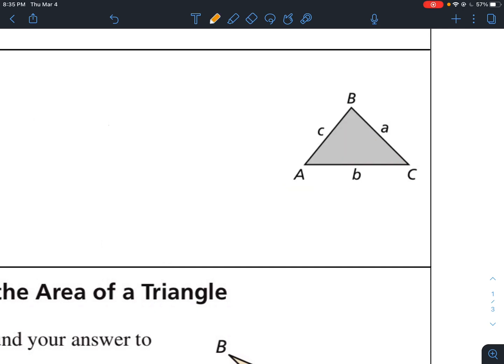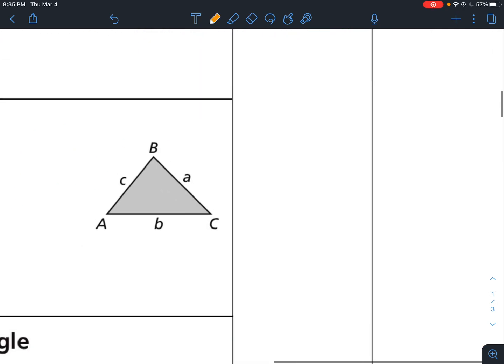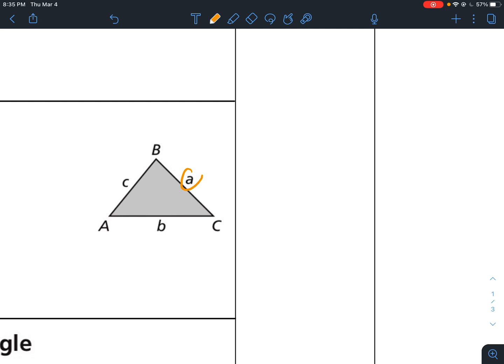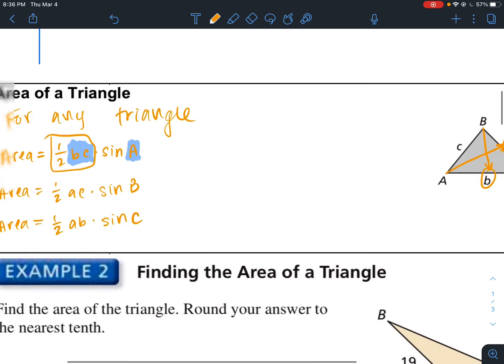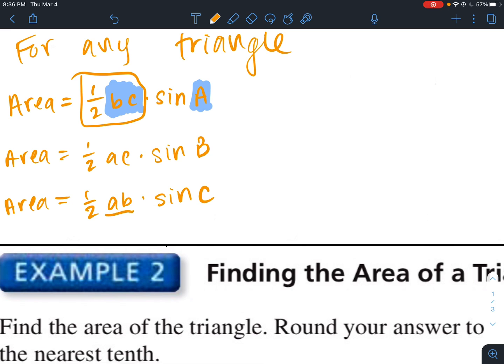If I take side A and side B, side A is opposite from angle A, side B is opposite from angle B, so I'm not using angle C, so that's what I'm going to use, sine of C. So again, half of AB times sine of C, or it's half of AC times sine of B.